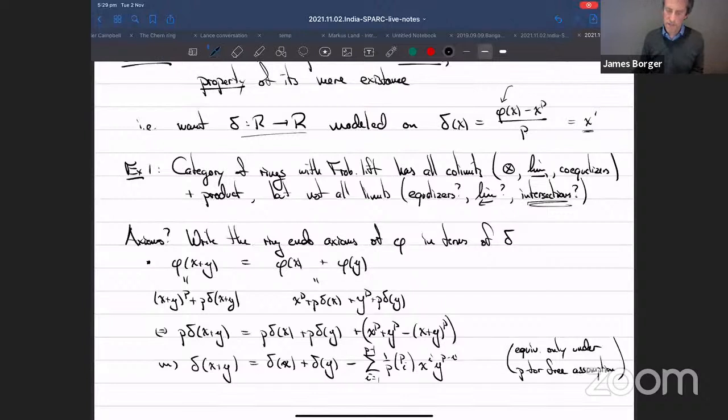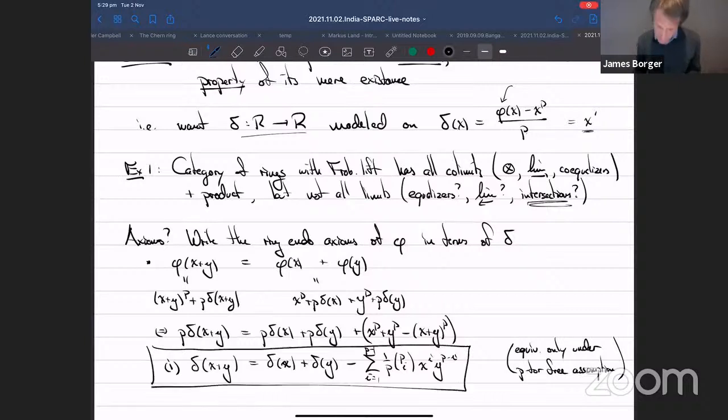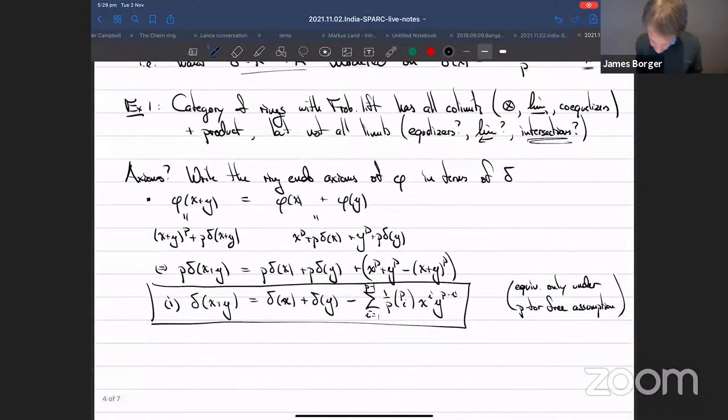So we want a definition that agrees with it in the p torsion free context, but is slightly different from it in the presence of p torsion. So this is our first axiom for delta. That's what remains of the additivity axiom on phi.